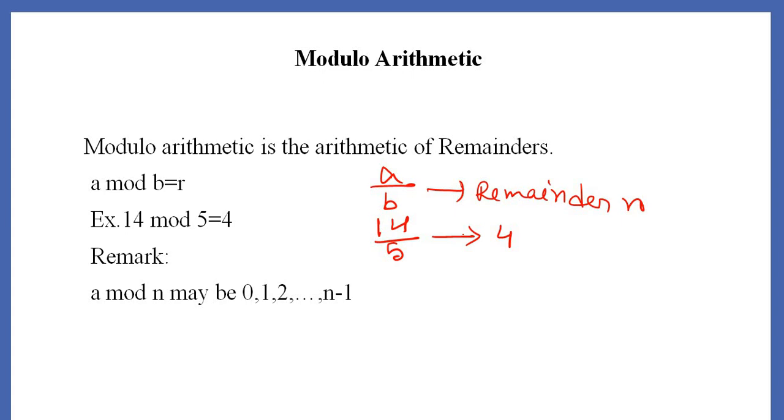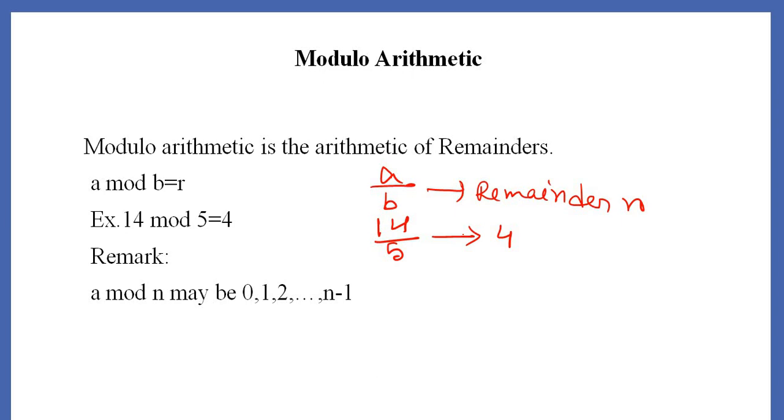So in the exam they can ask you to find 14 mod 5. You find it by using the concept of modular arithmetic: you divide 14 by 5 and check the remainder. That would be your answer. I hope you got the idea.